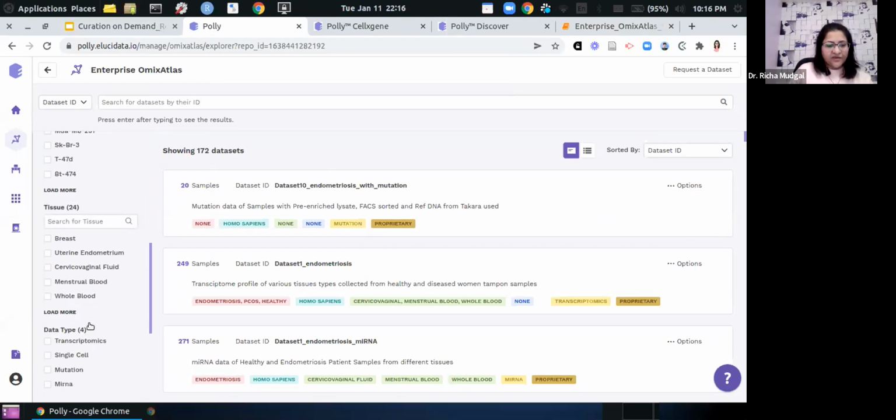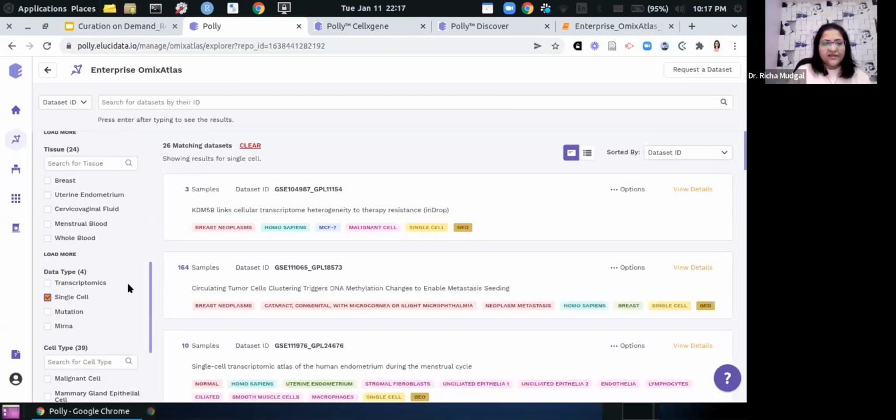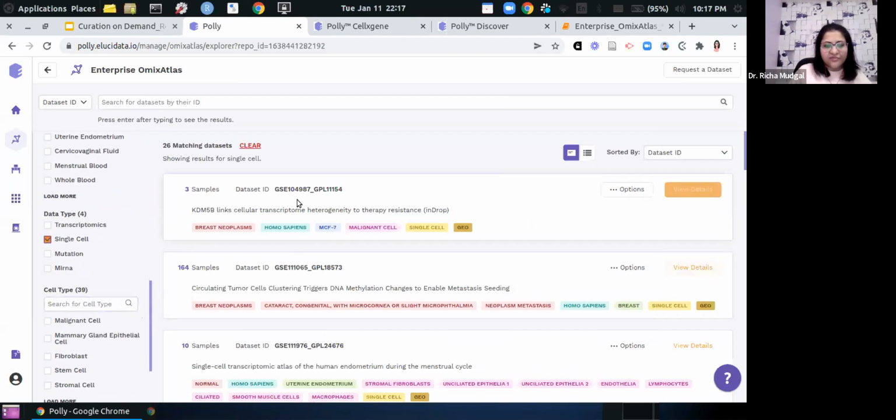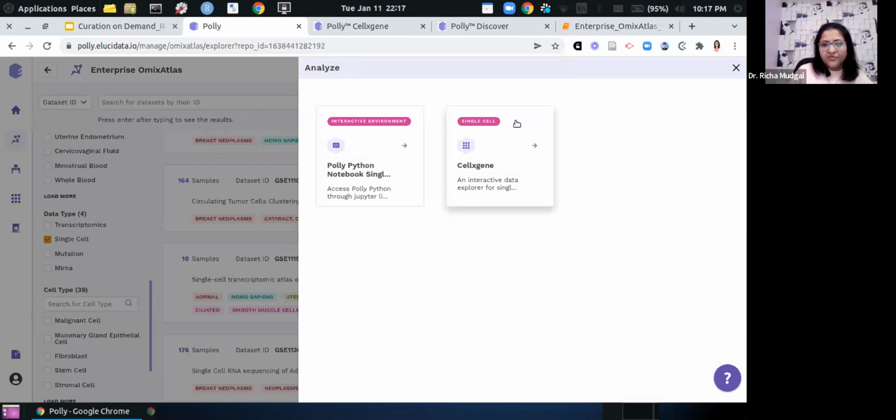Given the different data types, it's easier. We can just sort them out and get 26 of them matching. Any of them which is actually related to endometriosis would appear here for you to explore further.